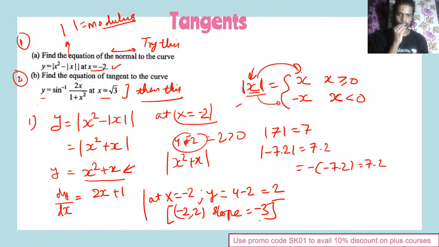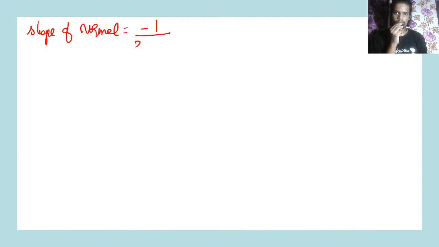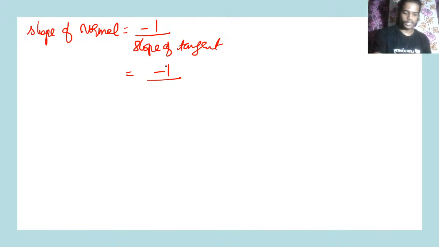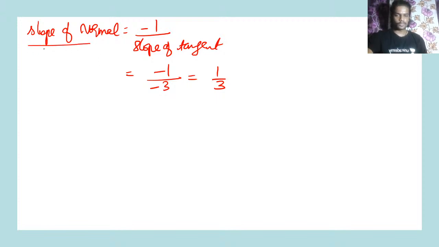Nice. So this is the slope of the tangent, but we have to calculate the normal. So the slope of the normal is minus 1 upon the slope of the tangent. If you solve this, minus 1 upon minus 3 gives 1 by 3. So the slope of the normal is calculated.